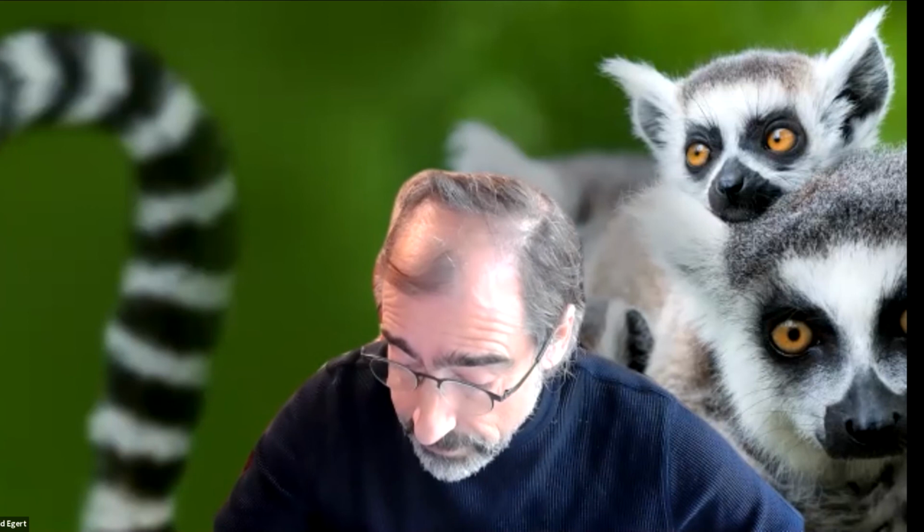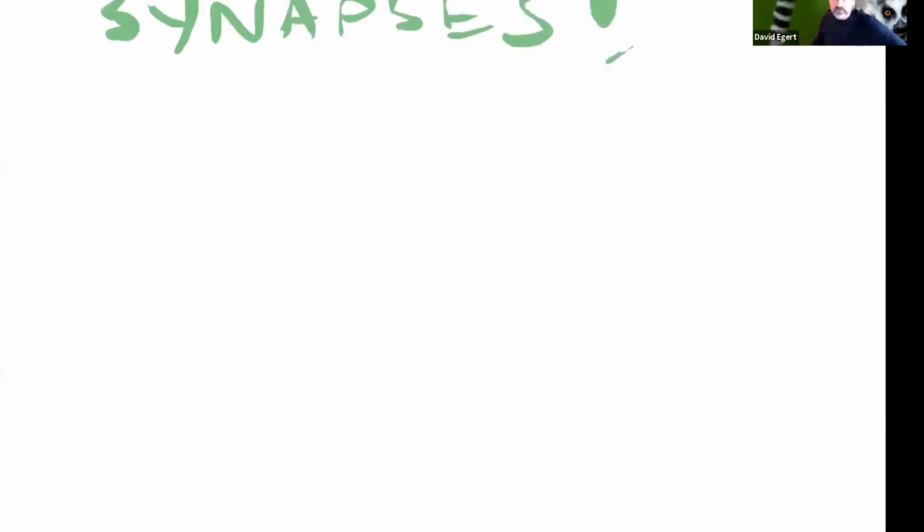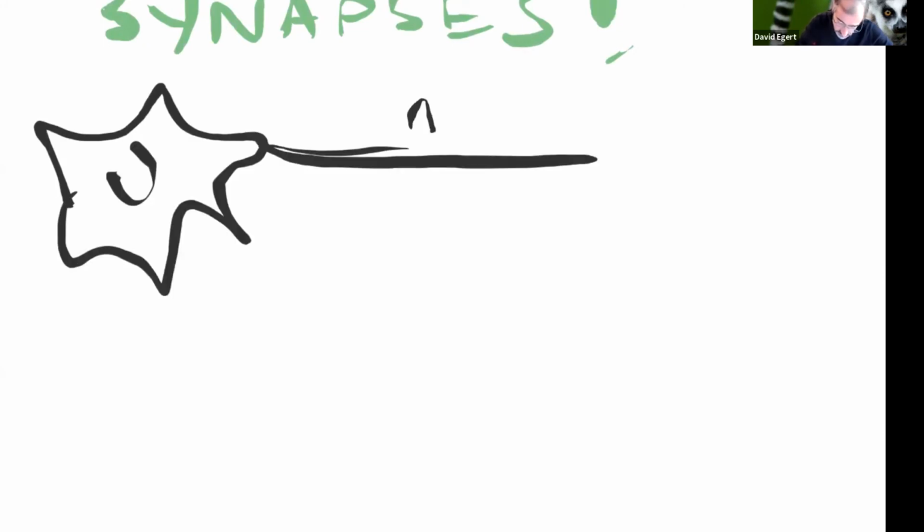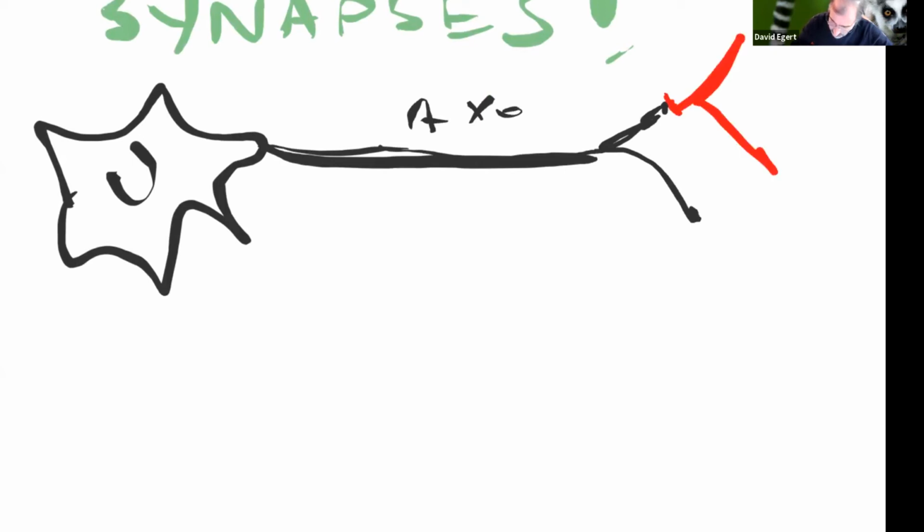So let's look at this. All right, so we have one neuron. Here's the black neuron, its axon. It's going to talk to another neuron, maybe the red neuron here.